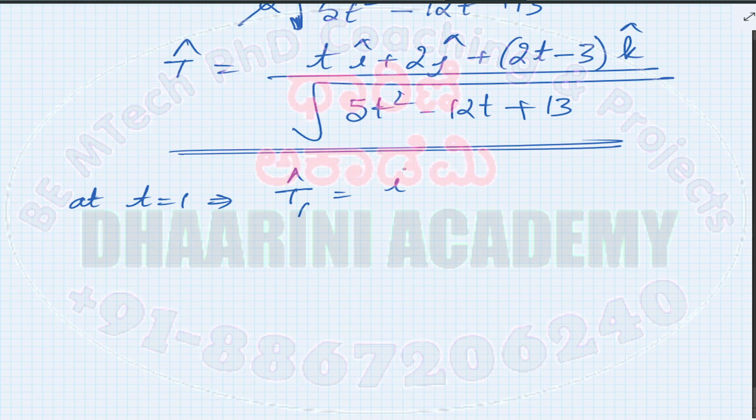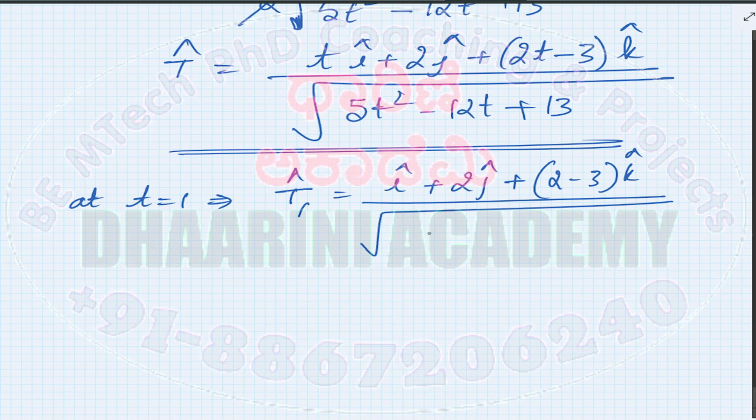So this is simply I cap plus 2j cap plus 2t, 2 into 1 is 2 minus 3 times k cap whole divided by, let us substitute. So this is 5 minus 12 plus 13, alright, because t is equal to 1.